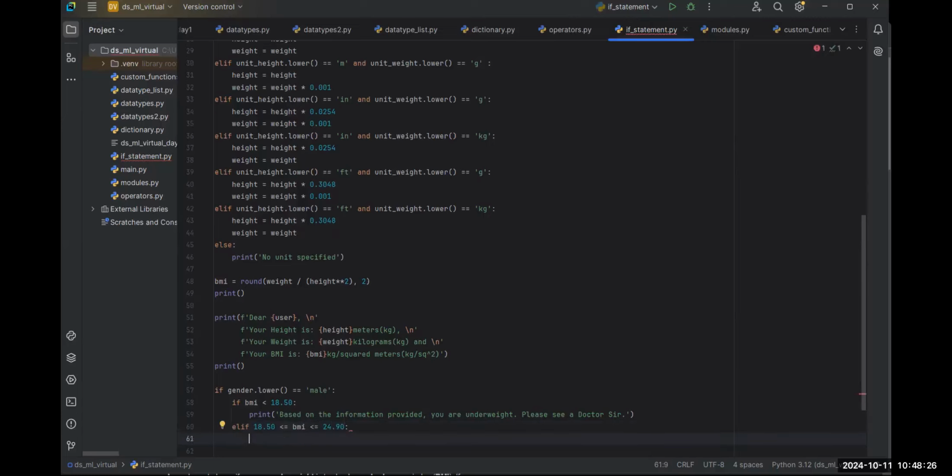Let it print: based on the information provided, comma, you are healthy, full stop.